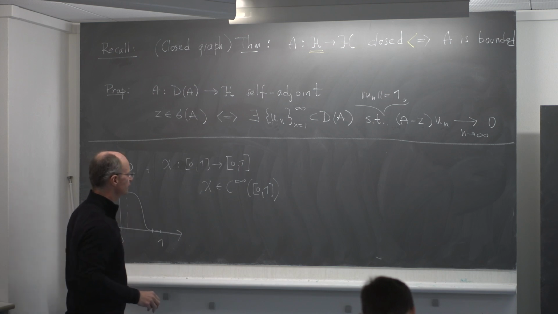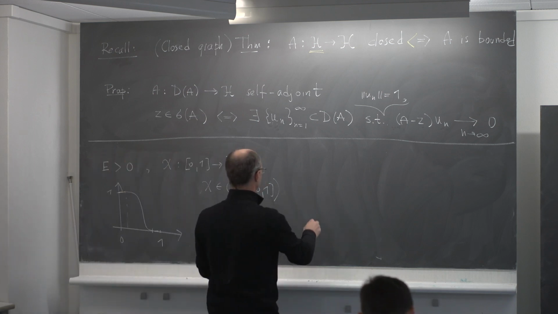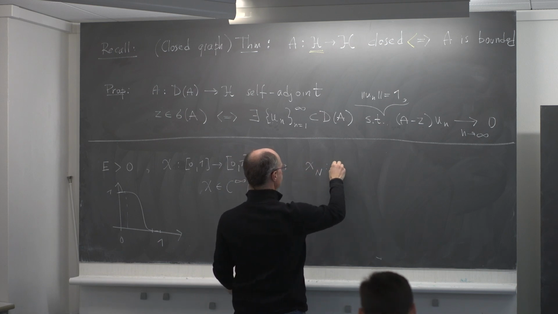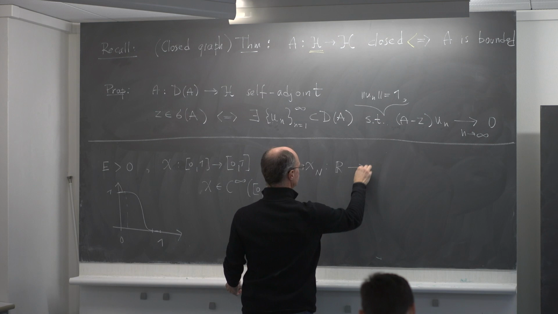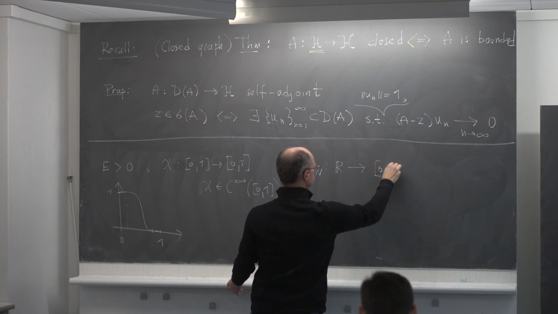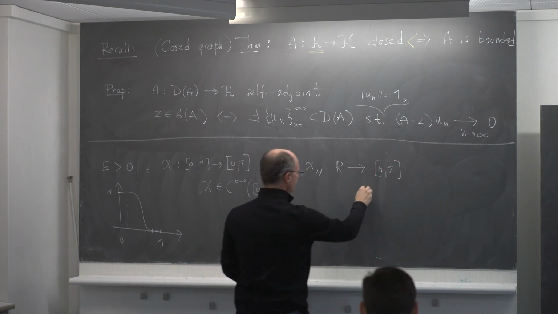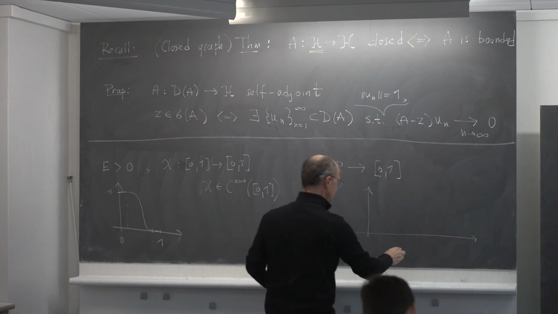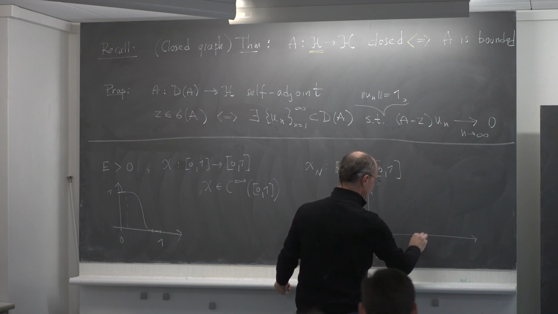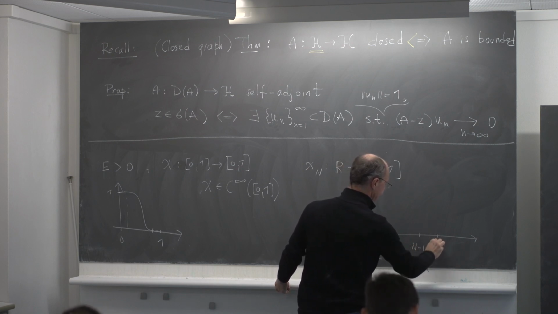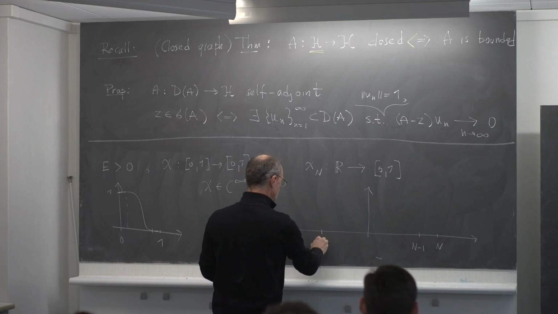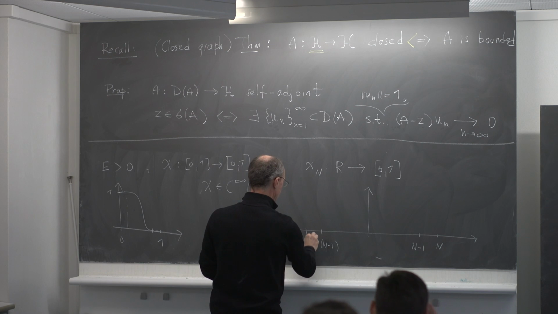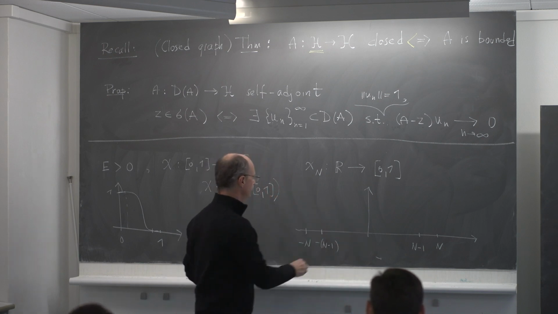And then from this function, I will construct a family of functions, chi n, from R to 0, 1. And well, if you want, I'll let you write the precise definition, but I will do it by drawing. So this will be minus n minus 1, minus n, and n.